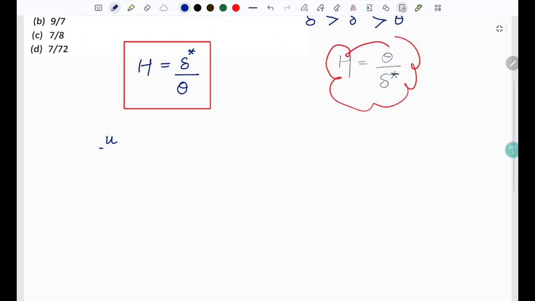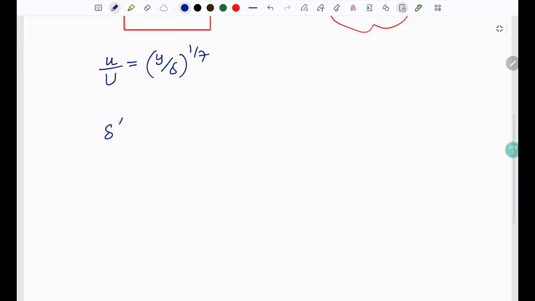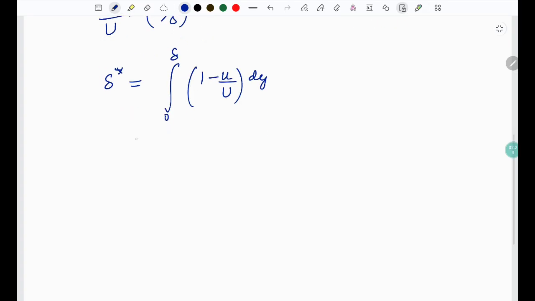So simply I said u by U is (y by delta) to the power 1/7. We know that displacement thickness is written as nothing but the integral of 1 minus u by U dy. That would mean 1 minus (y by delta) to the power 1/7.